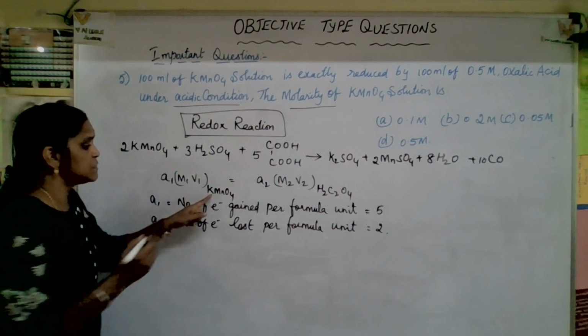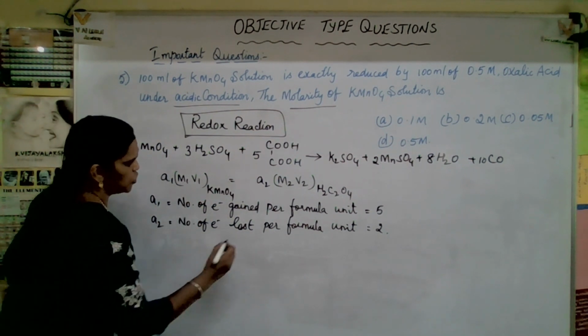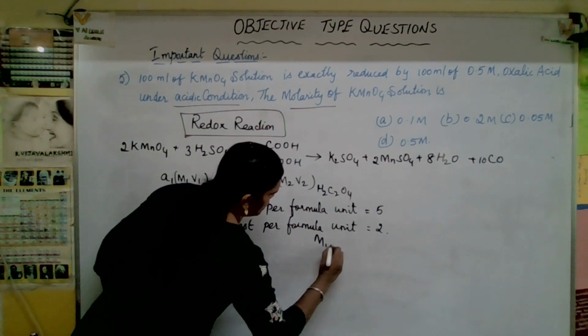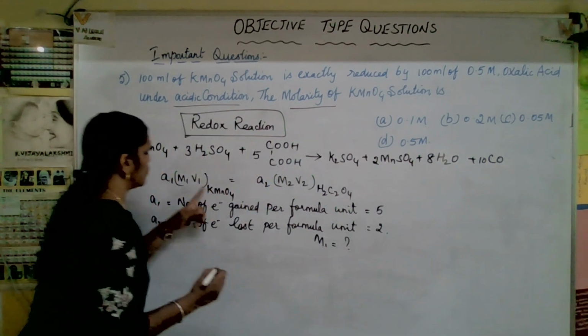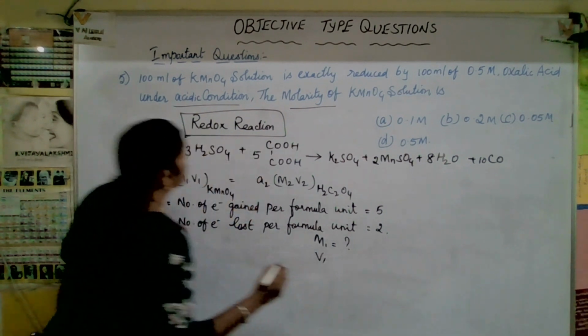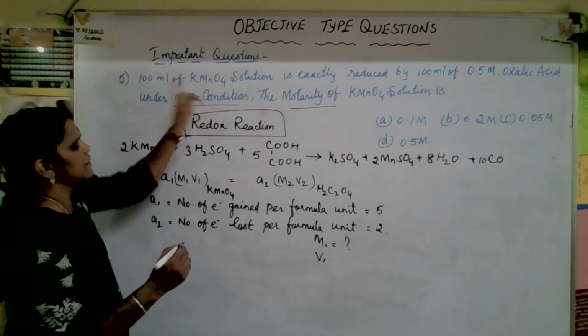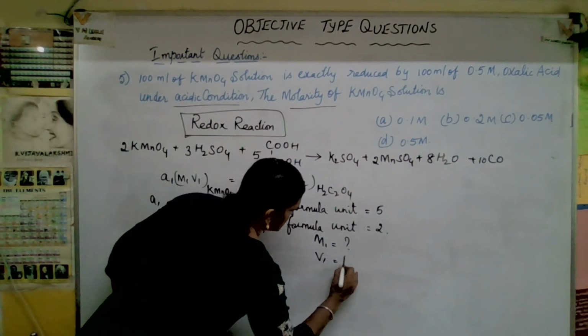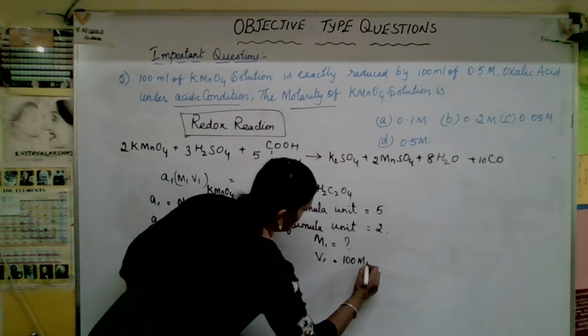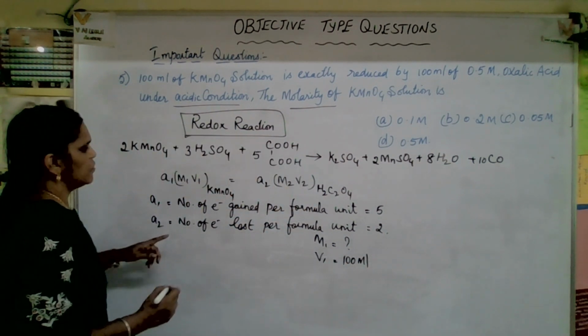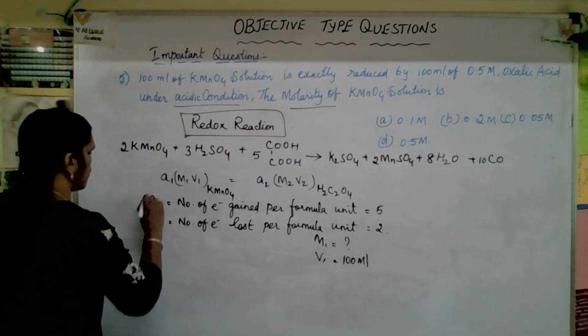M1 belongs to KMnO4, no? So M1 is what we have to find out. V1 is the KMnO4 solution; it is 100 ml. Right. Okay, now A2 we have found out.